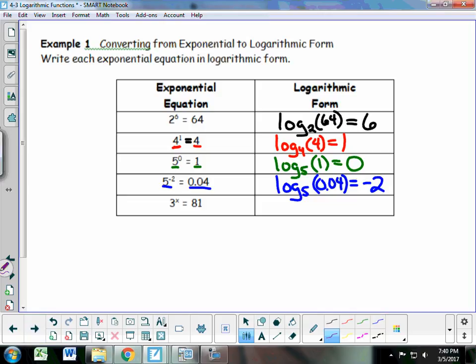All right, and this last one, it doesn't have an answer for the exponent, it's just x. So let's see what that'll look like. So log base 3 of 81 is equal to x.